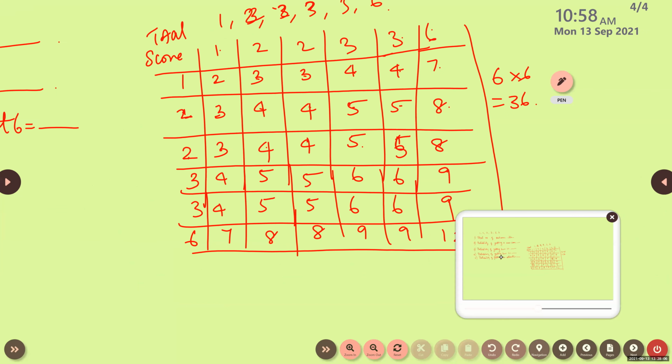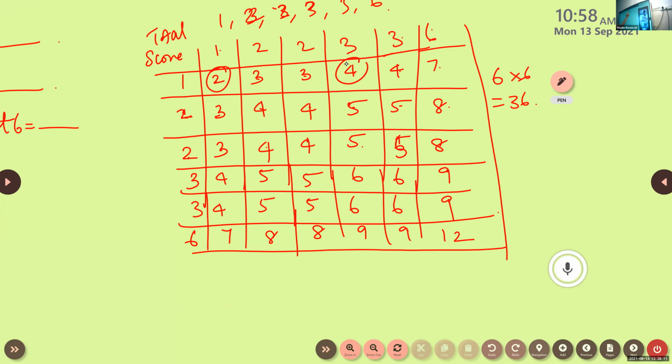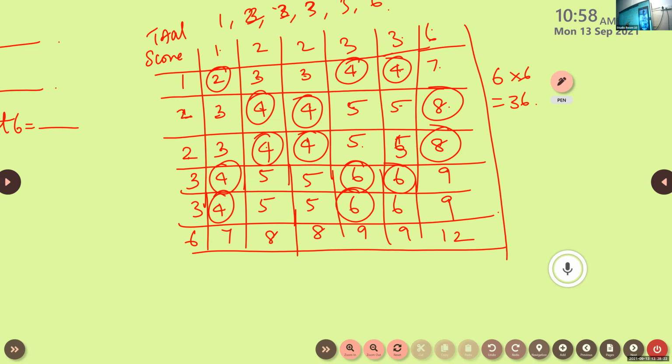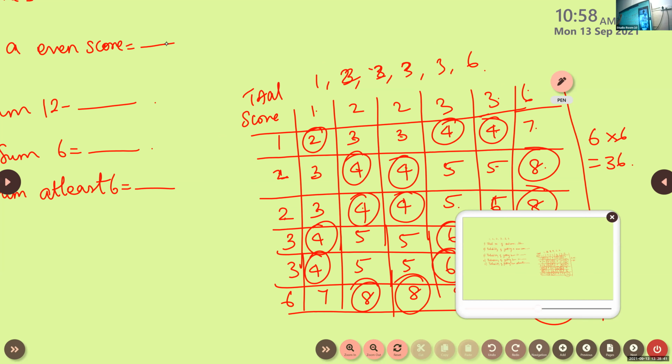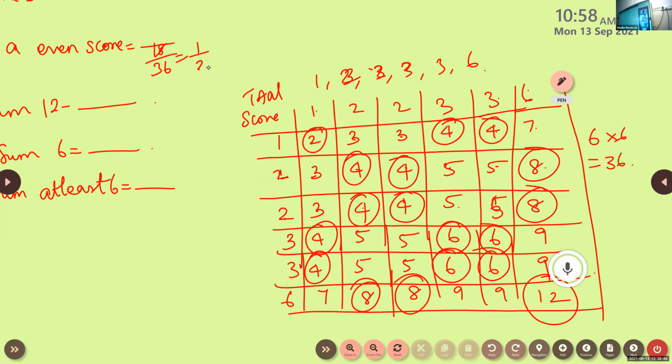Count and see how many times you get an even number: 1, 2, 3, up to 18. So the answer: even score is 18 by 36, which is equivalent to 1 by 2.